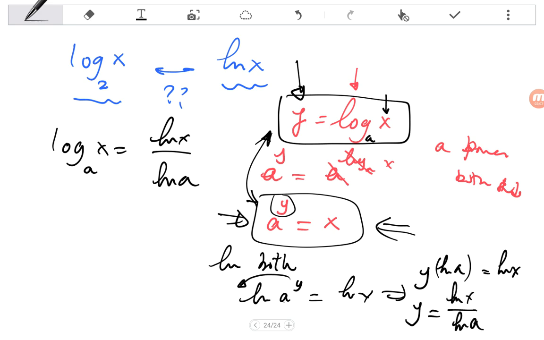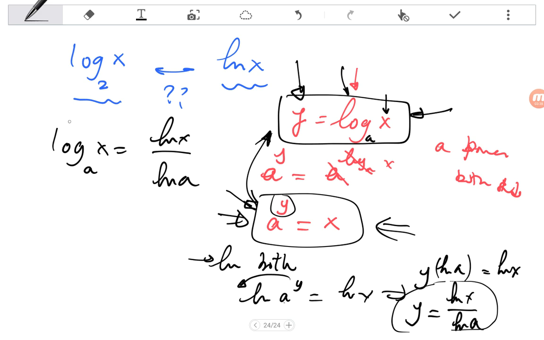So what I've done here is rewrite that expression in the exponential form by eliminating the effect of the logarithm first, by taking a power on both sides. Then I applied a logarithm with another base to the equation so that I can express y again, but with that new logarithm or new base.